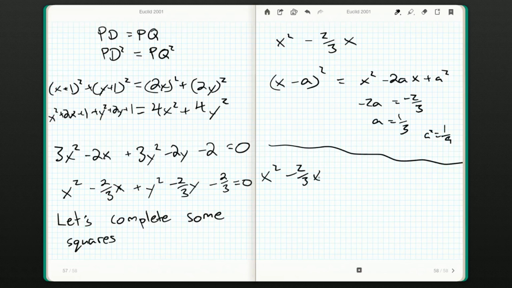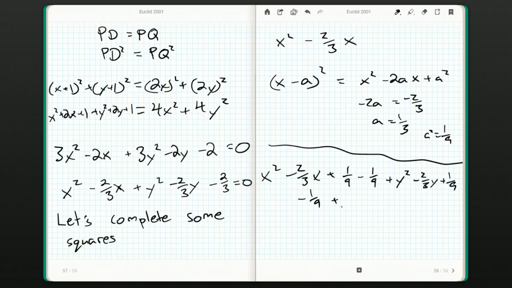x squared minus 2/3 x plus y squared minus 2/3 y minus 2/3 equals 0. We'll add and subtract. So we'll add 1/9 and subtract 1/9. Then y squared minus 2/3 y plus 1/9 minus 1/9.